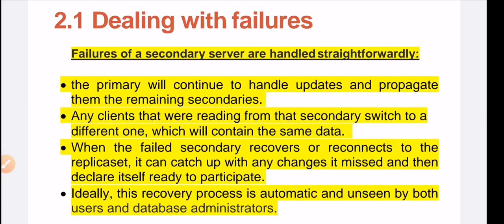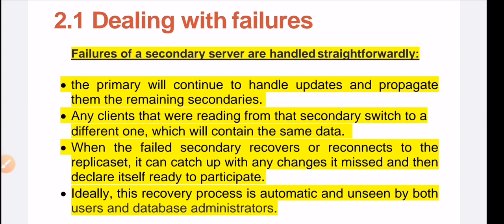Dealing with failures. Failures of the secondary server are handled straightforwardly. We don't have any problem if one of the secondary servers is down or fails, because we can redirect the job or the request to another one. The primary will continue to handle updates and propagate them to the remaining secondaries. Any client that was reading from that secondary switches to a different one, which will contain the same data, so we don't have any problem in that.